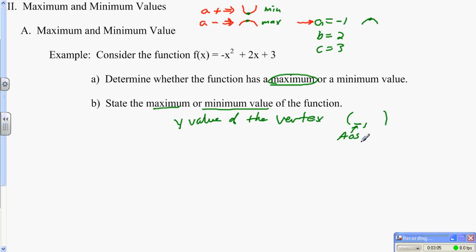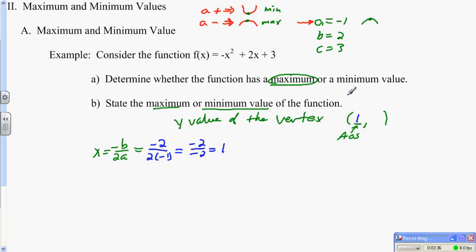That would give us the x. So let's do that first. x is equal to -b over 2a, so that's -2 over 2 times a, which is -1. That will give us -2 over -2, which is 1.